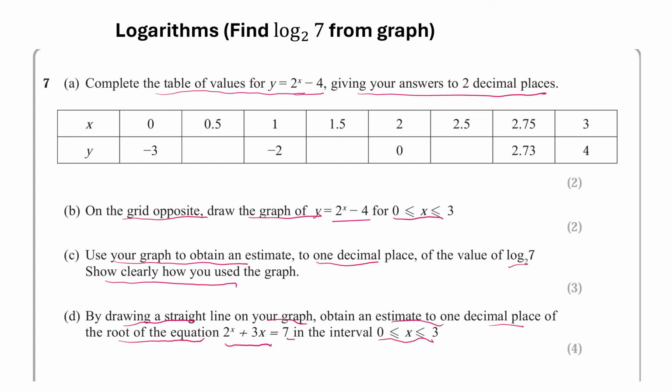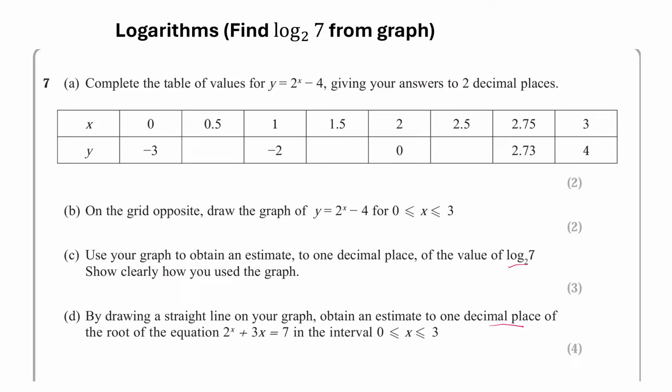So first we need to complete the table of values. The first bit is 2 to the power 0.5 minus 4.